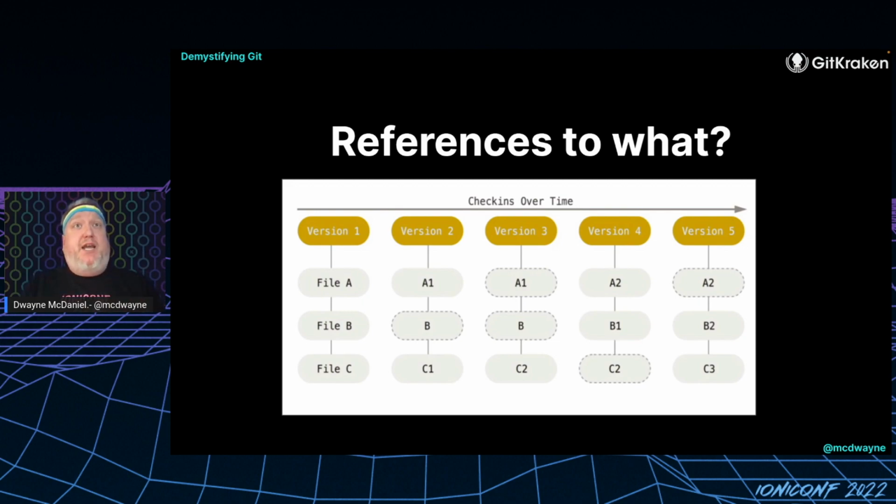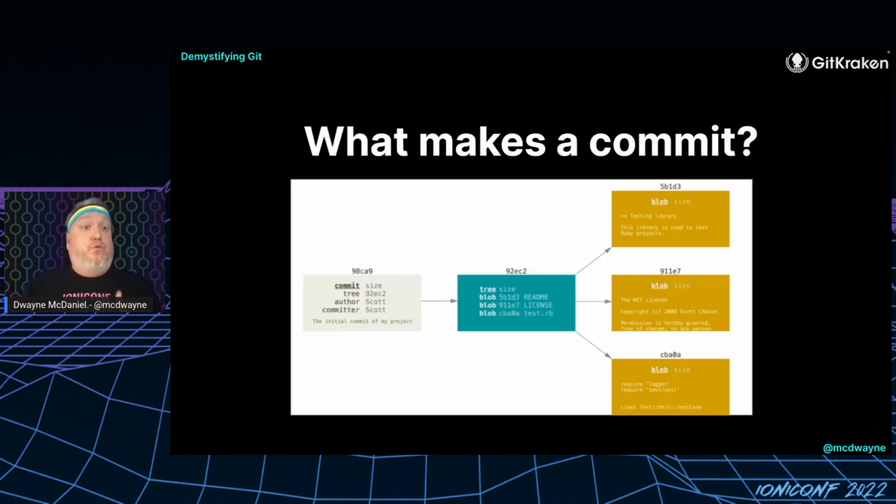If nothing has changed, so in version 3, A1 didn't change from B1 and B didn't change from B, all it's going to do is reference that, hey, this didn't change, but it's still taking that full snapshot and then just pointing back to what was there before. Kind of getting ahead of myself, but all those snapshots we call commits. So what's in a commit?